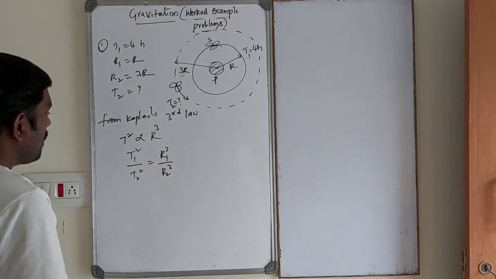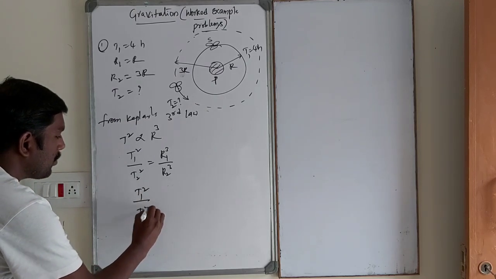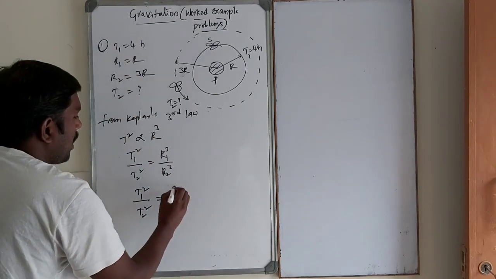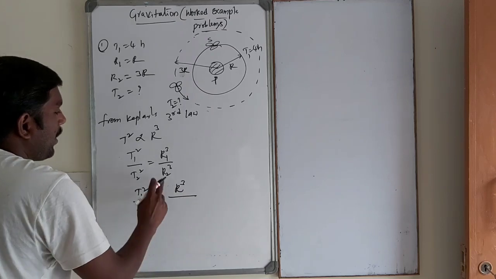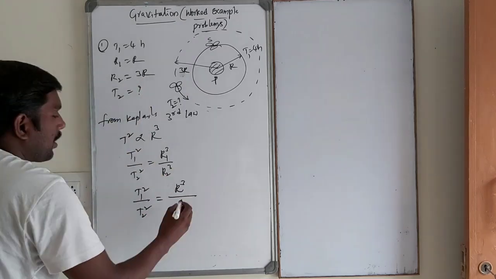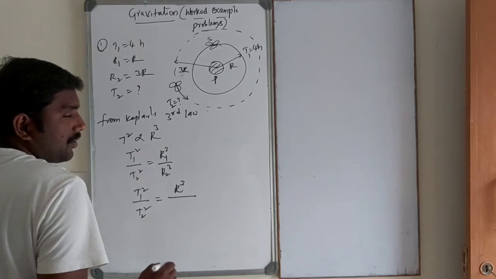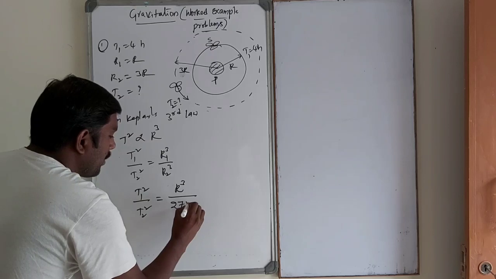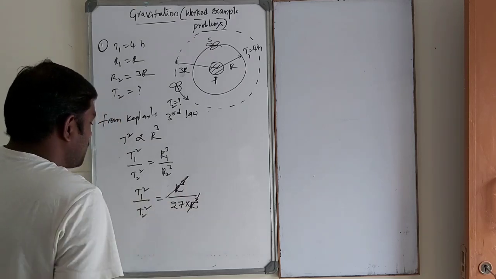R1 is equal to R, so R cube, divided by R2, which is 3R, so 3R whole cube. 3R whole cube means 3 into 3, 9, into 3, 27 into R cube. So R cube gets cancelled.